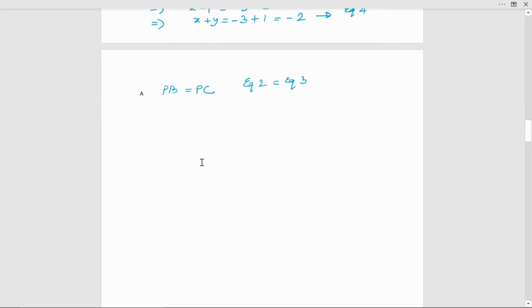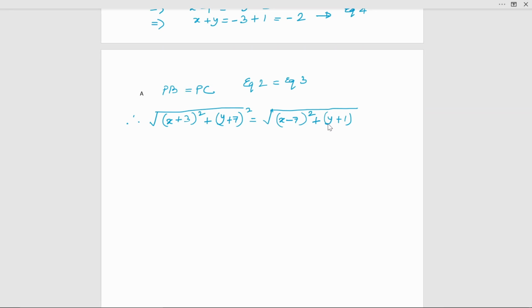Therefore, we can write √((x + 3)² + (y + 7)²) equal to √((x − 7)² + (y + 1)²).